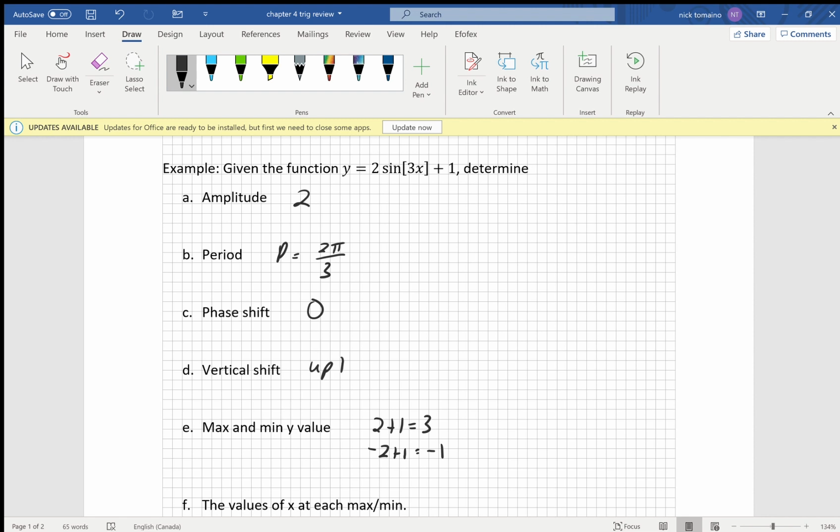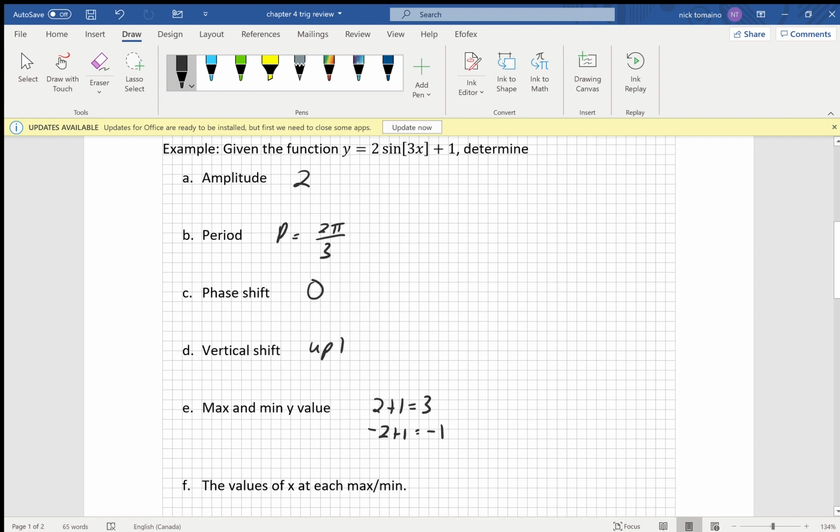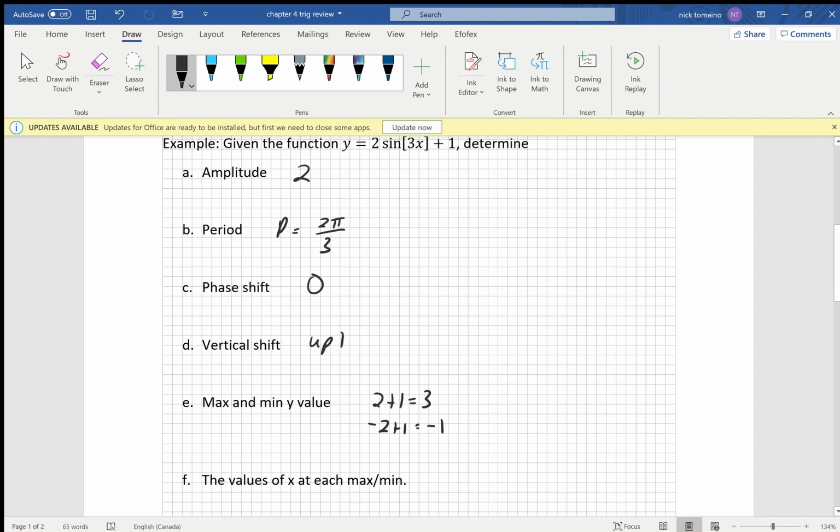And now the next part says the values of x at each max or min. A couple different ways we can do this. The first thing is we can roughly sketch it out to see what it looks like. So what we have here is our initial sine function. I'll just break it up into our intervals.